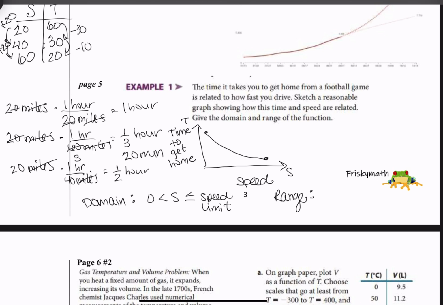So I can say that the range is going to be the time can be greater than or equal to the minimum time at the speed limit. Hopefully I'm not going to go too much slower than the speed limit, and I'm definitely not going to go faster than the speed limit because, again, I don't want to get in trouble.